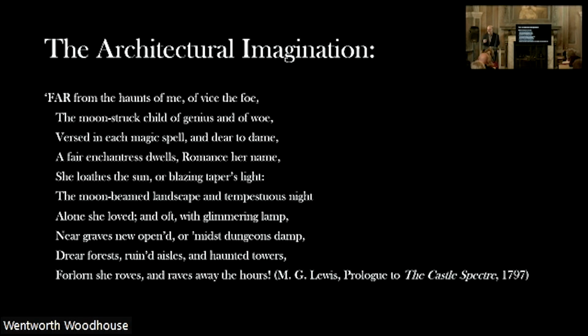The imagination, it's not love and hearts and roses. She loathes the sun or blazing tapers light, the moonbeamed landscape and tempestuous night. Alone she loved, and oft with glimmering lamp, near graves new opened or midst dungeons damp, drear forests, ruined isles, and haunted towers, forlorn she roves and raves away the hours.